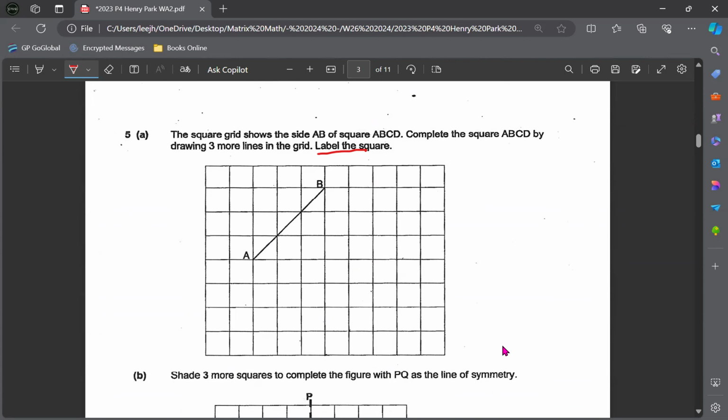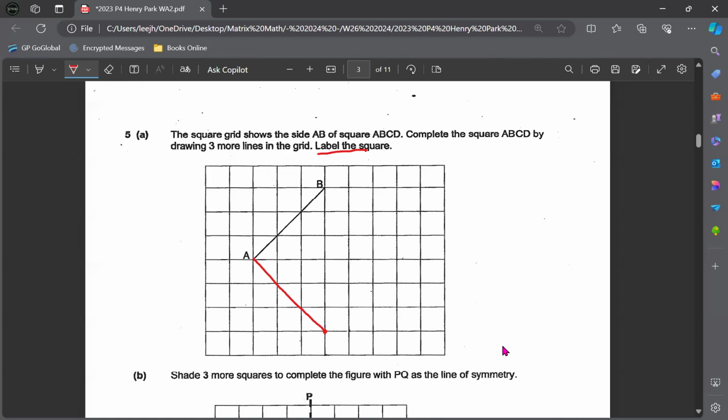Make sure that the sides are equal because it's a square. So it's like 1, 2, 3 squares. So you have to draw 1, 2, 3 squares. So this is the other point. I try to draw nicely because I'm using a Wacom. Okay, not bad.